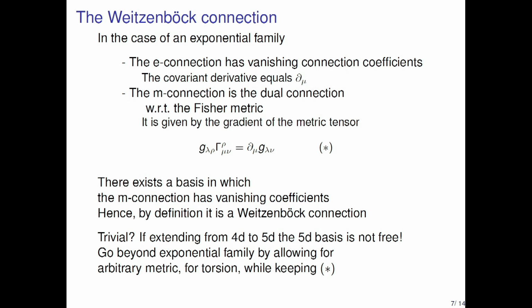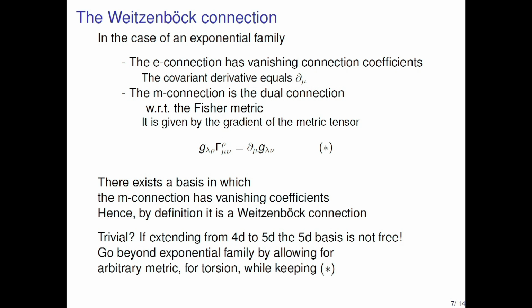What's a Weitzenböck connection? It's a connection, the definition I've given here, for which there exists a basis in the tangent bundle with vanishing connection coefficients. That's by definition a Weitzenböck connection.